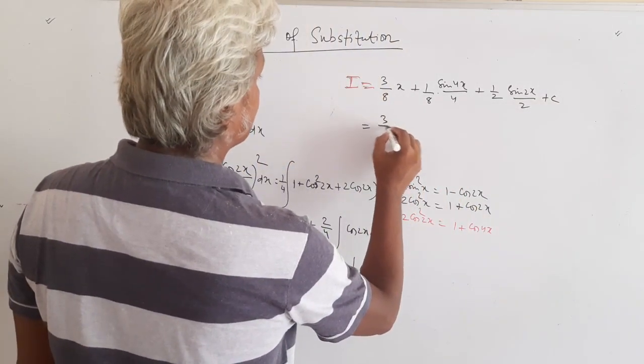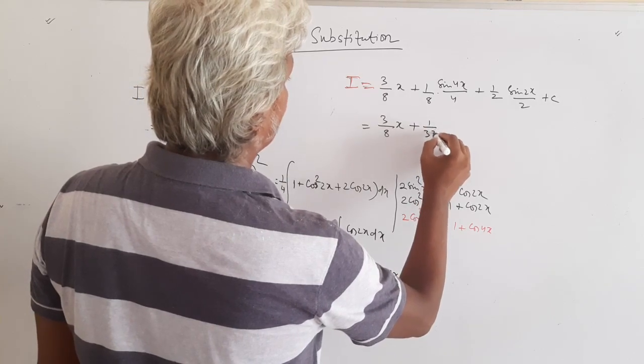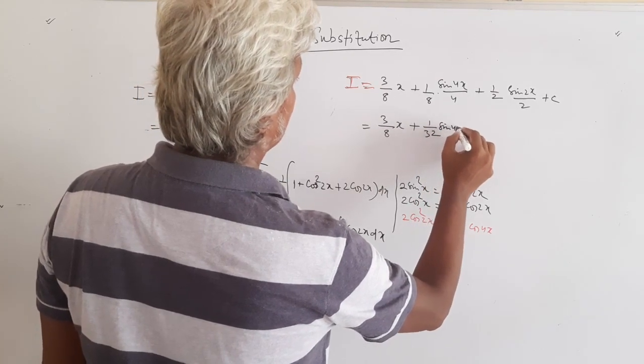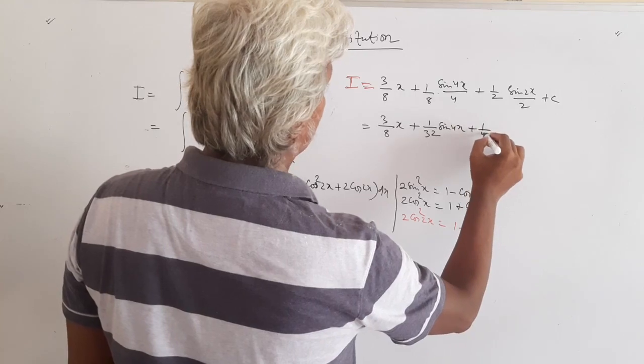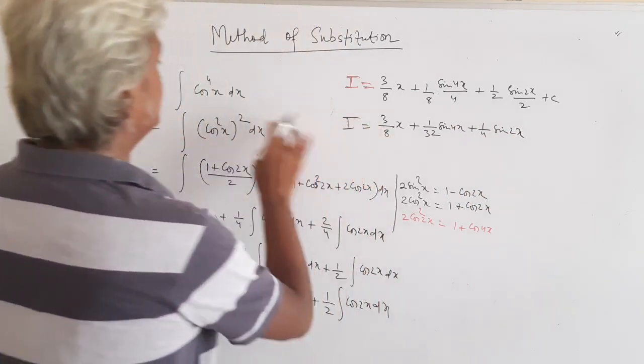This can be written as the final answer: 3 by 8 x plus 1 over 32 sin 4x plus 1 by 4 sin 2x. This is the value of this integration.